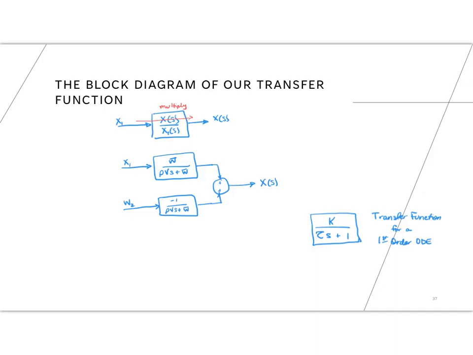Okay, I had a first order differential equation. Both of these are kind of in this form. Now, what would it take for me to get it into this form? Well, I want to have a something s plus 1 instead of plus w. So let's look at this first one.